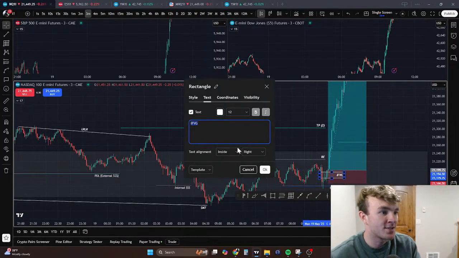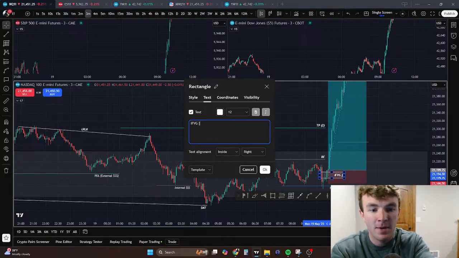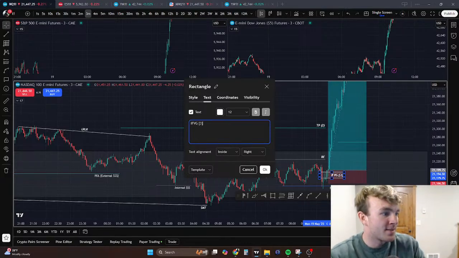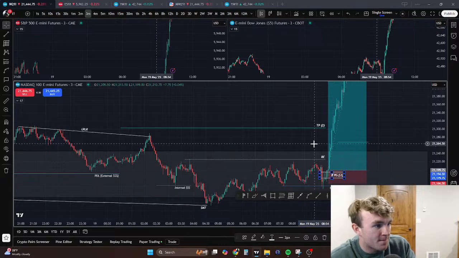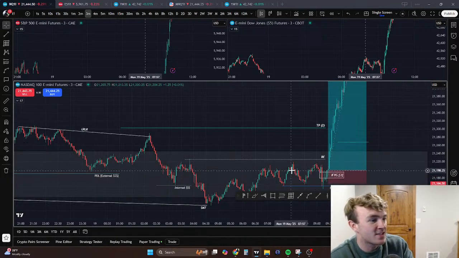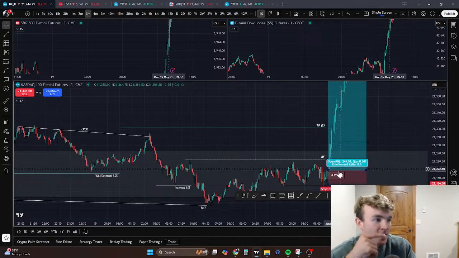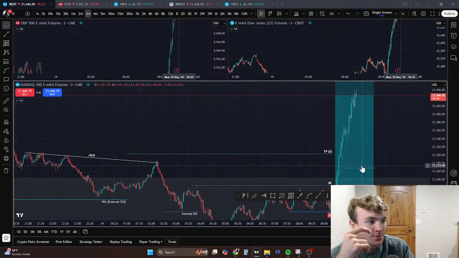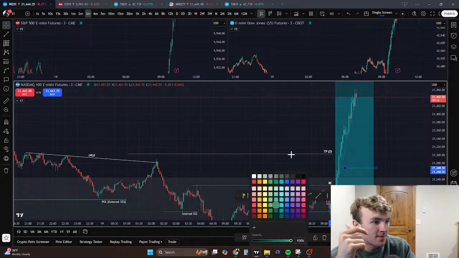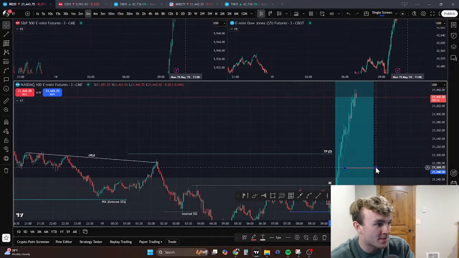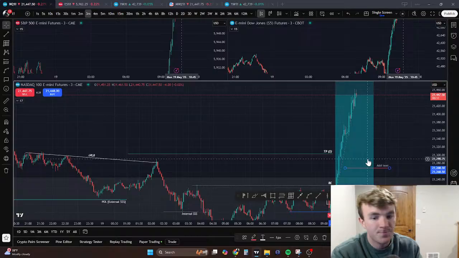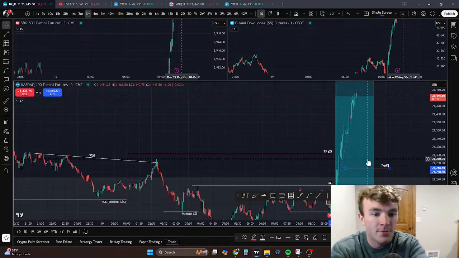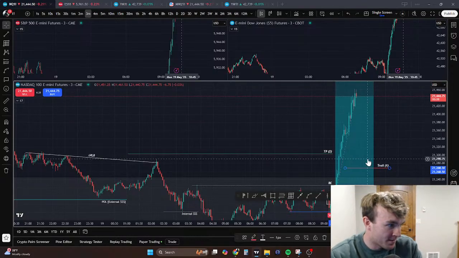Ooh, I know how I should do this. I'm gonna put how many contracts I buy. Yeah, that's a smart way to do it, actually. IFEG, and then in brackets, 3 contracts. Take profit 2. This is a pretty smart way to mark this out, actually. Trail 1.